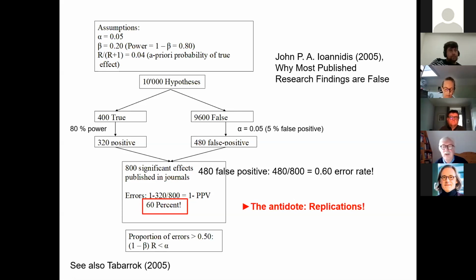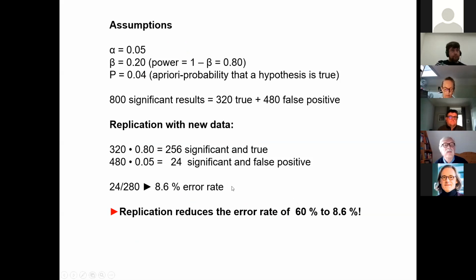The antidote is replications. Let's do a replication with these figures, with the same parameters. We have 800 significant results, 320 true, 480 false positives. Replication with new data: the 320 with a power of 80% leads to 256 which are significant and true.